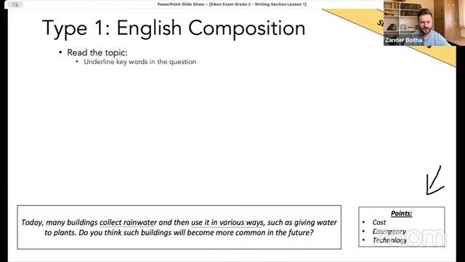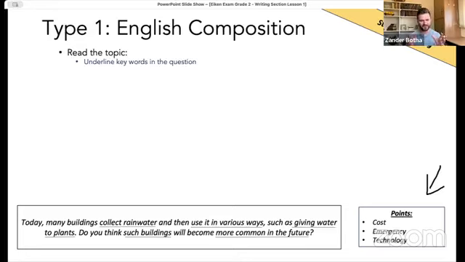Next ones are giving water to plants. Okay, they give an example such as giving water to plants. The next ones, such buildings, meaning buildings that collect rainwater, such buildings. And then lastly, more common in the future. Those are all your keywords.